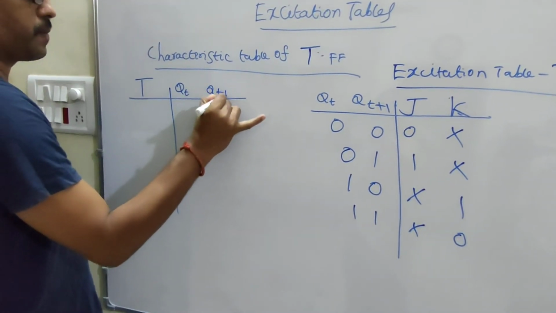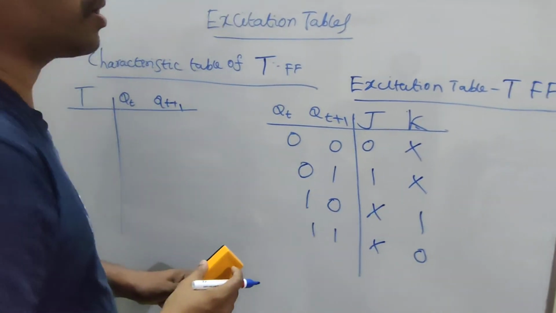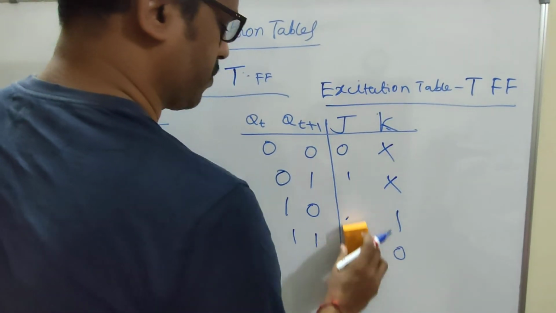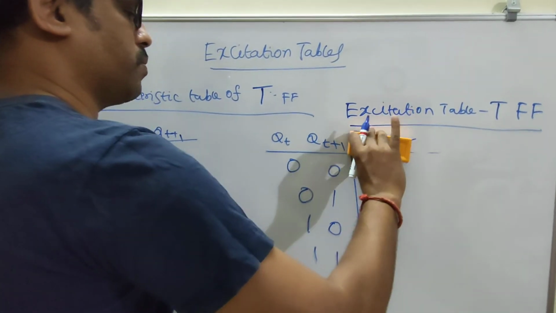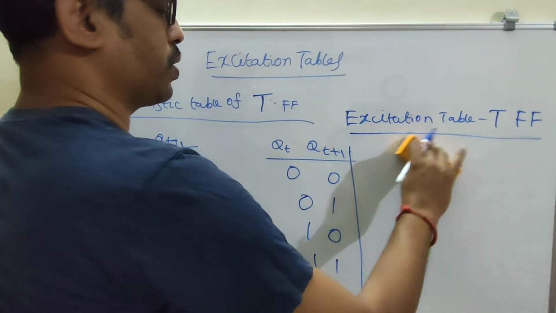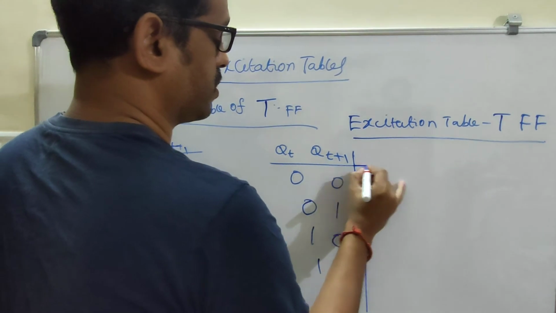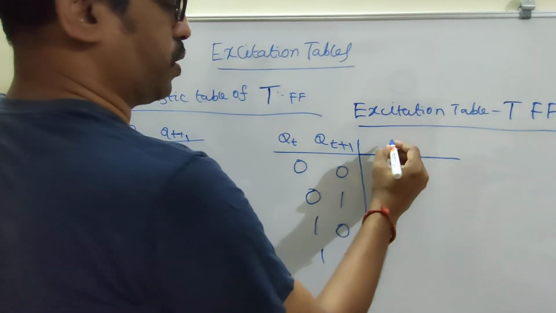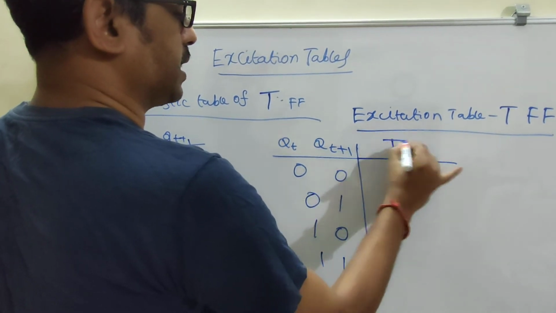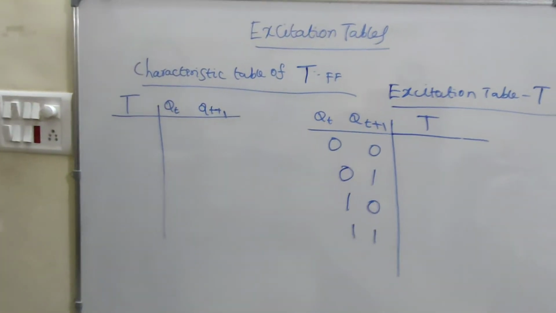Q(t+1). Similarly here also we have to change: rather than having two inputs, we are going to have only one input, that is called T. Right?